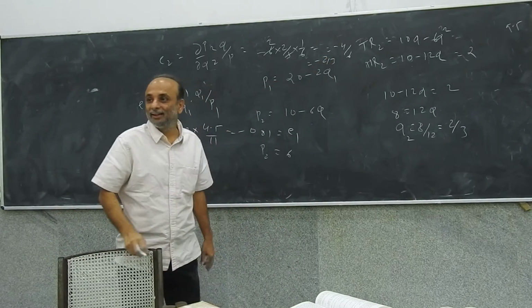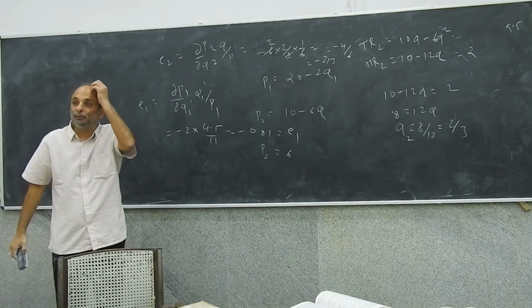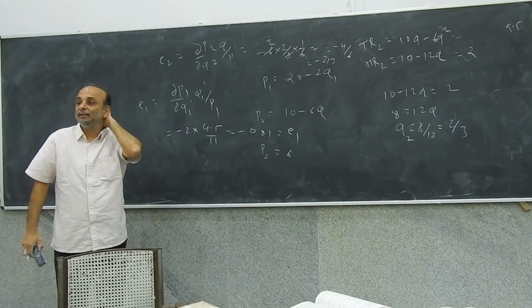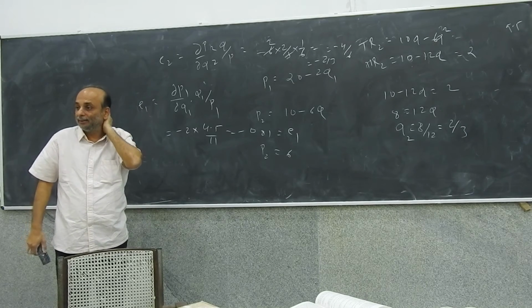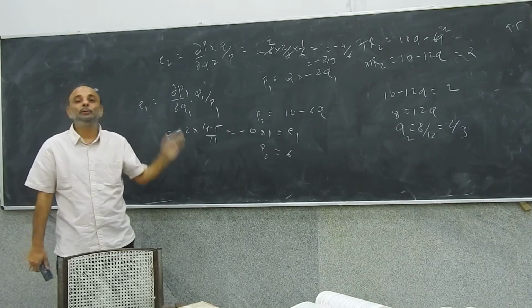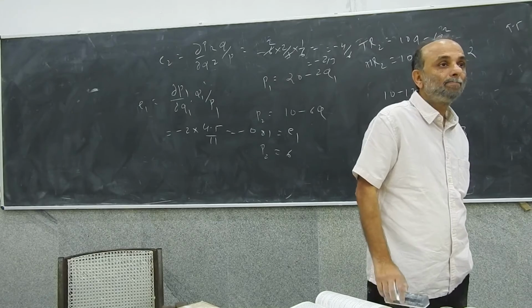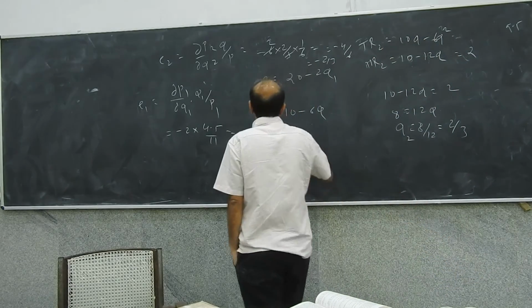Now put that into the formula, P1 by P2, and see whether that equality is satisfied. What should the ratio of P1 by P2 be? You can find it out from this.